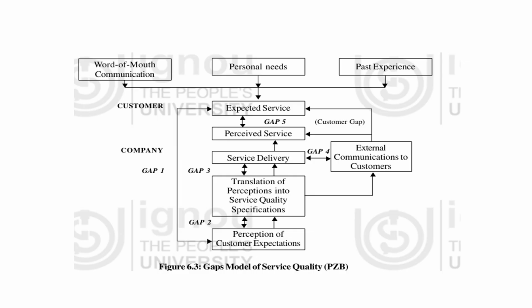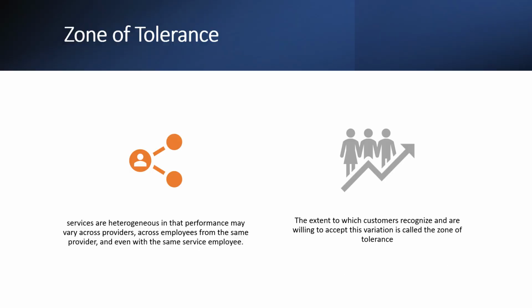So having said that, now let us move on to another part of our lecture, which is the zone of tolerance. Services are heterogeneous, as we explained in the very first lesson, and performance may vary across providers, across employees, and even with the same provider and the same service employees.